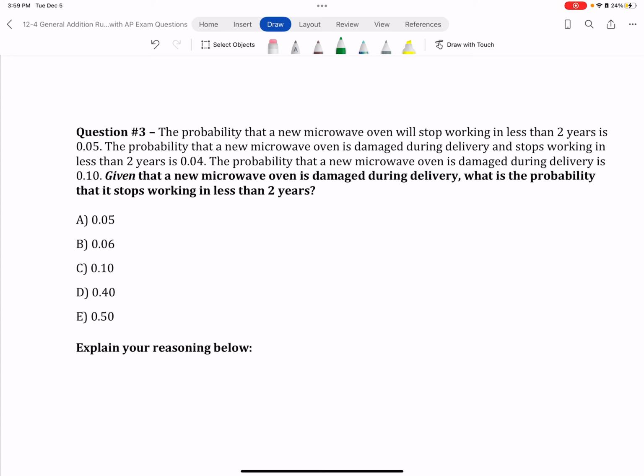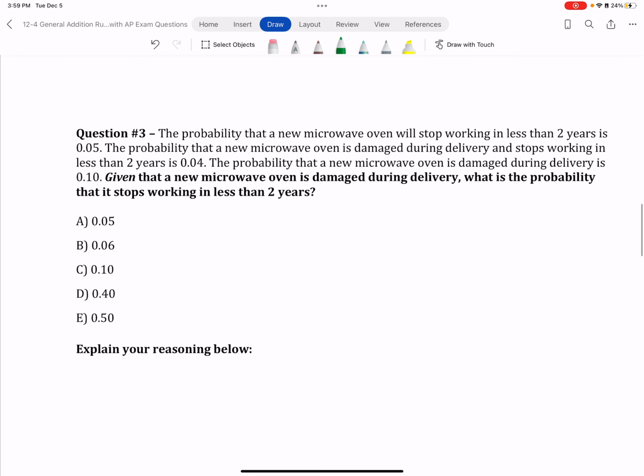Well, first of all, we have to define what our events are. So let's go ahead and define the probability of S as equal to randomly selecting a microwave oven that stops working in less than 2 years.